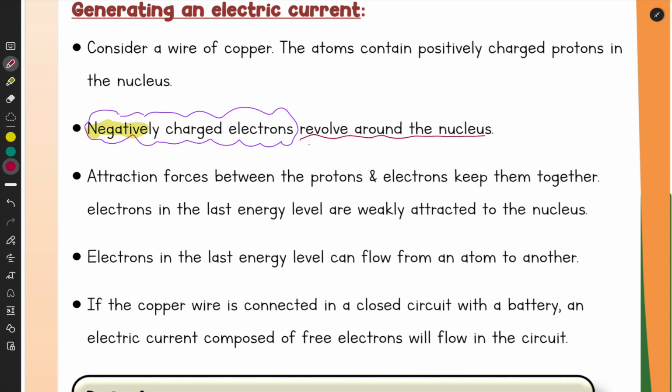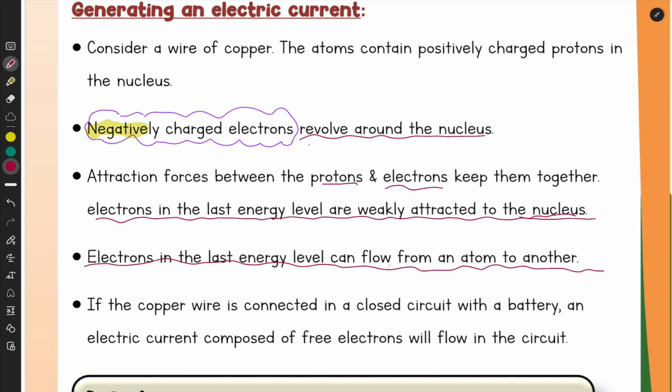Okay, the attraction force between the protons and electrons keeps them together. Electrons in the last energy level are weakly attracted to the nucleus, so they can flow from one atom to another.